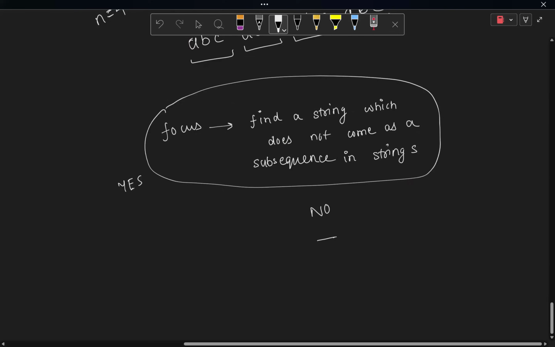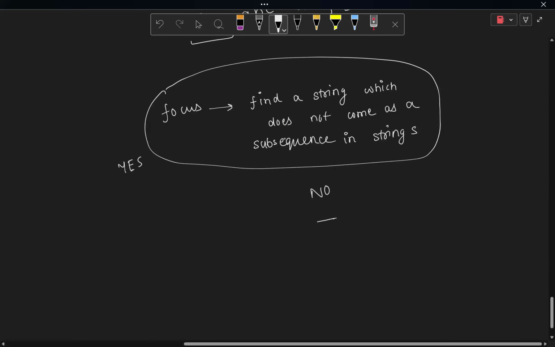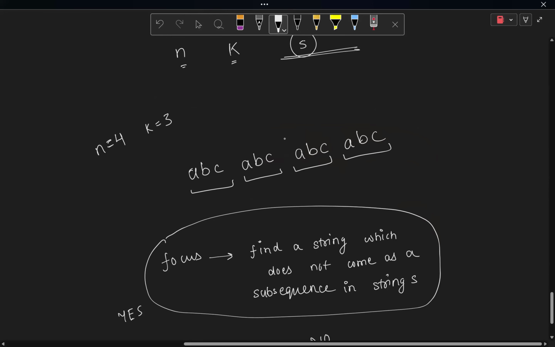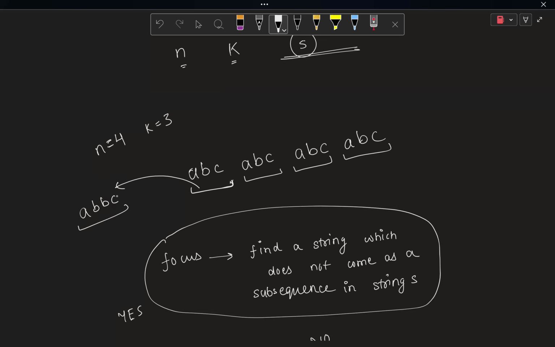For this, I try to think about multiple ways. I tried to think of multiple things and got some intuitions from some places. This was one of the intuitions: if there are this kind of blocks, what I say a block is, some alphabets coming up together, maybe something like this also, where all the first k English alphabets are coming.